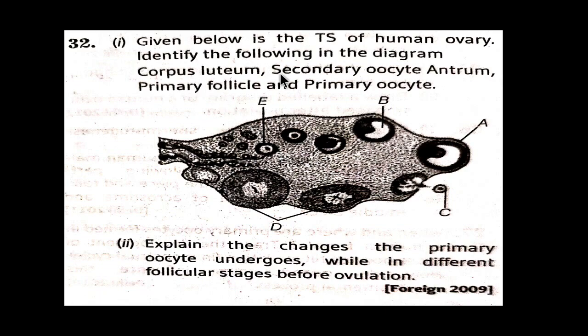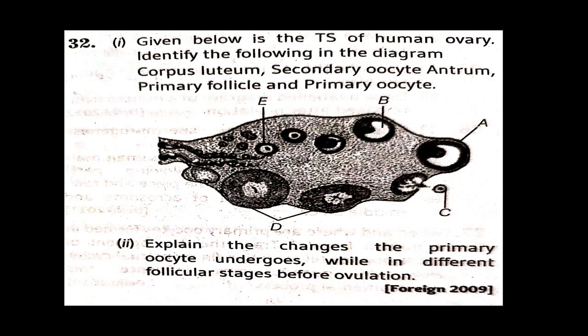Okay, so corpus luteum, secondary oocyte, antrum, primary follicle and primary oocyte. Okay, now explain the changes. Like that only you have to explain the changes also. Okay, means the change in the primary oocyte, again it is surrounded by granulosa cells and then is called a primary follicle, and then many primary follicles degenerate. Okay, in the same manner you will write down the answer. I hope this is clear to you.